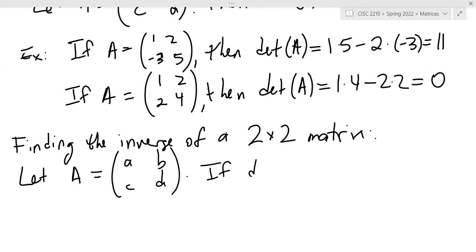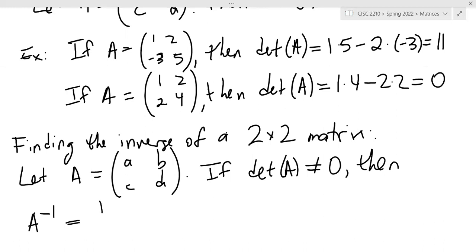If the determinant of A, which we just talked about, is not equal to 0, then the inverse of A is equal to the following: 1 divided by the determinant of A, times the matrix d, negative b, negative c, a.